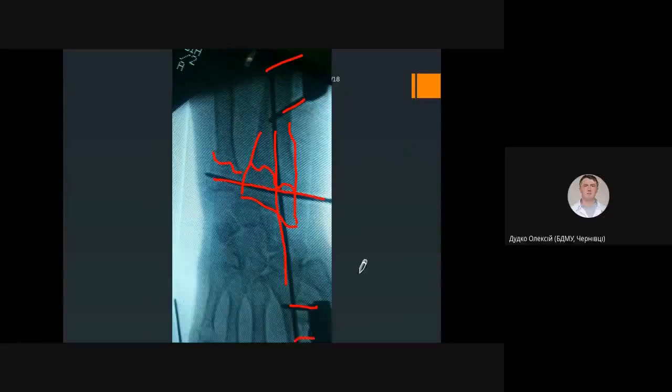Well, the diagnosis would be a fracture of the distal metaepiphysis of the radius and ulna after internal fracture fixation with K wires and fixation with an external fixator, with a good position of bone fragments.